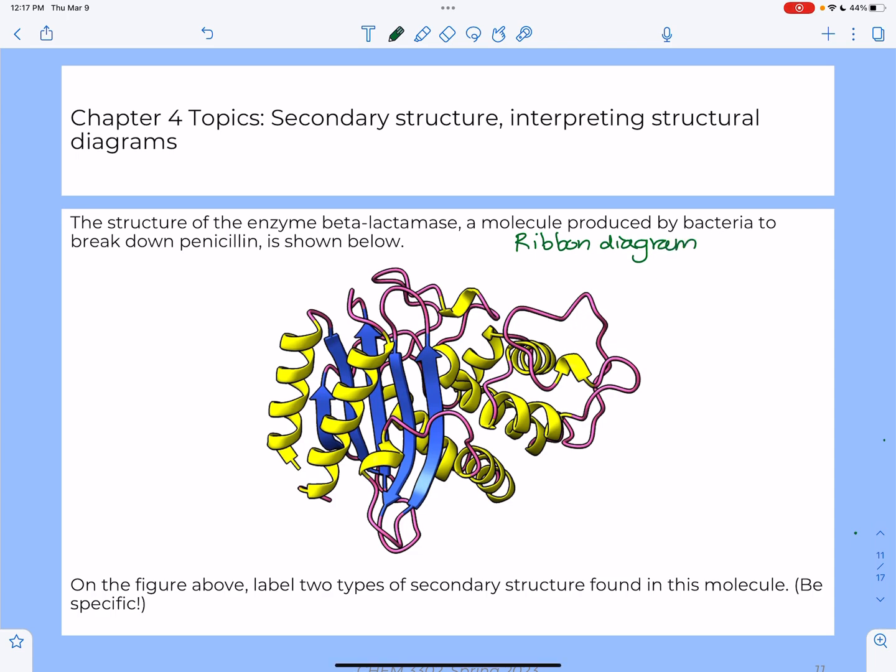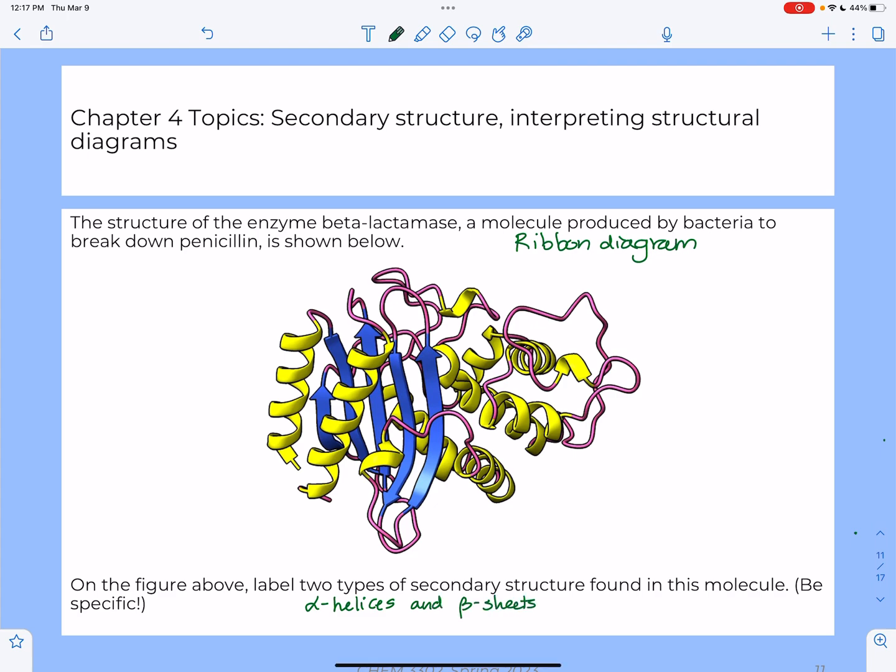All right, so on the figure above, we're asked to label two types of secondary structure found in the molecule. All right, so the two types that are easiest to identify on this type of diagram would be alpha helices and beta sheets.